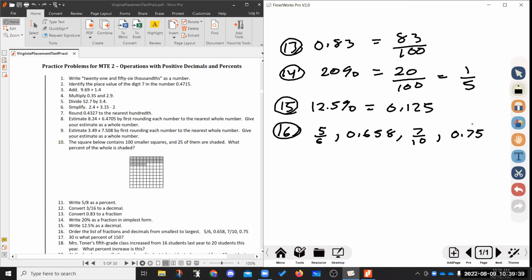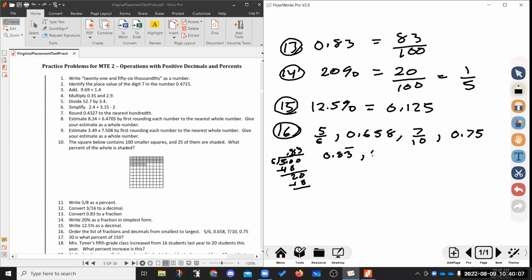So 5/6 is going to be, let's see, 6 goes into 8, 23, 18, repeating. Okay, so we have 0.83 repeating.